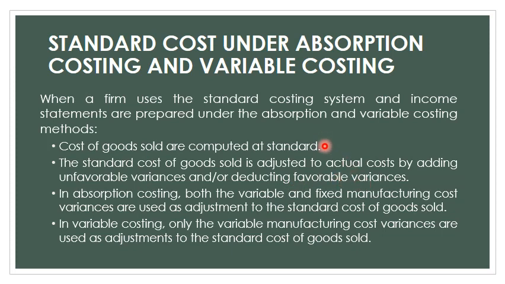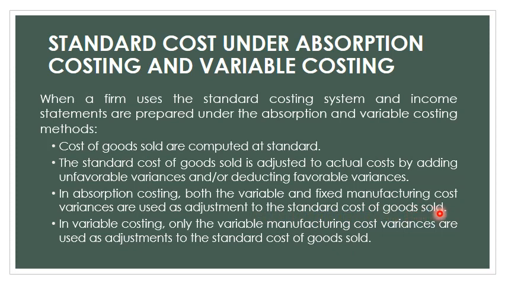So, paano po yung standard cost of goods sold or standard variable cost? Yang total sales mo ay multiply mo lang doon sa product or inventoriable cost na na-compute mo under the variable and absorption costing. Third, in absorption costing, both the variable and fixed manufacturing cost variances are used as adjustment to the standard cost of goods sold.